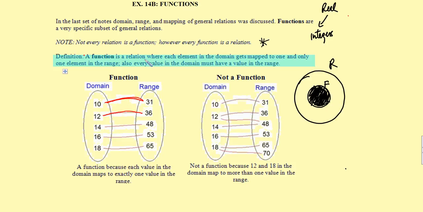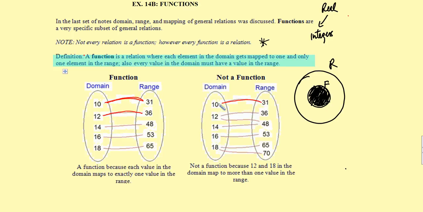When I have a value of the x that is taking me to two values of the y, that is going to be considered a non-function. If we take a look at the next mapping diagram, we've got 10, 12, 14, 16, 18. Notice that 10 to 31 does map on.